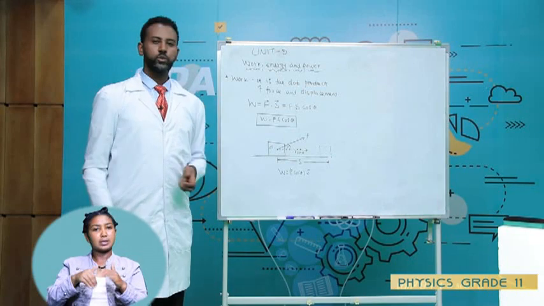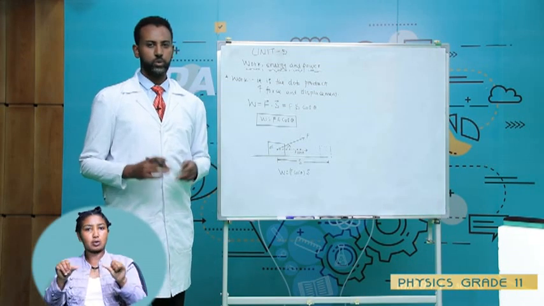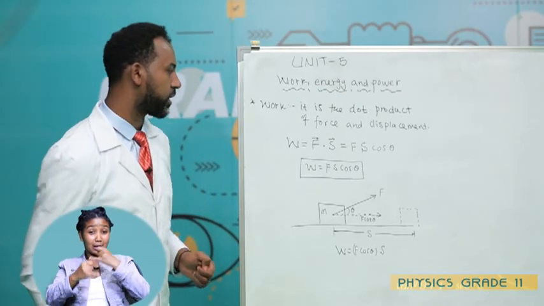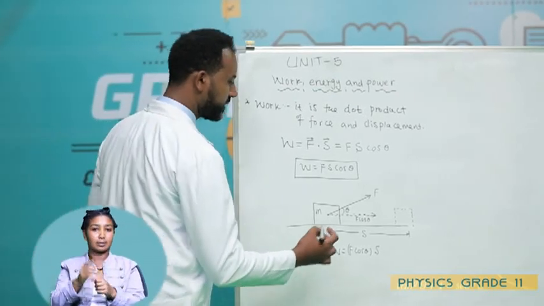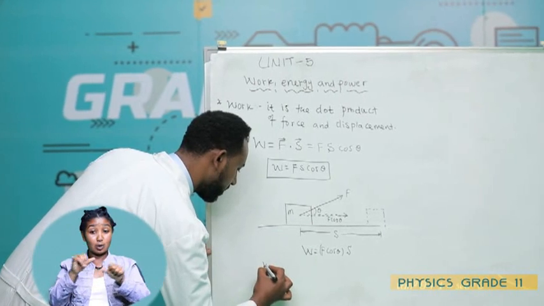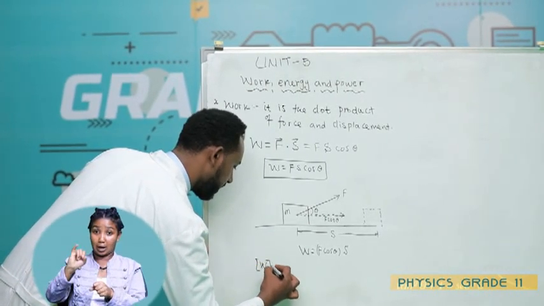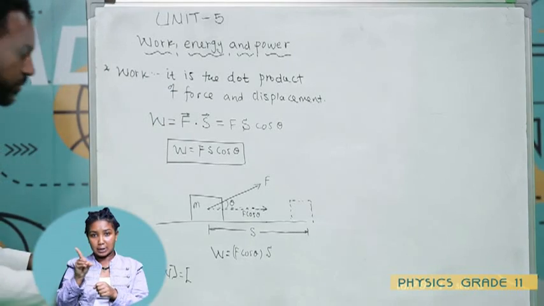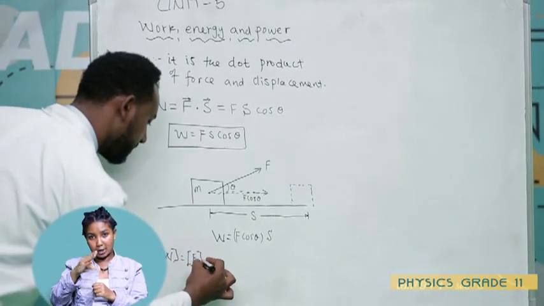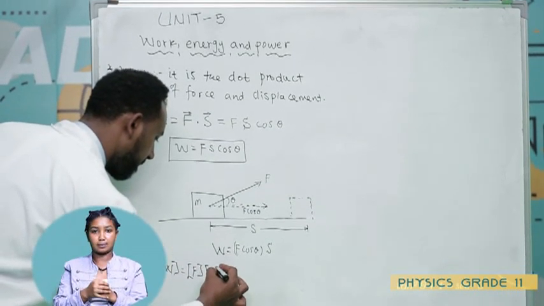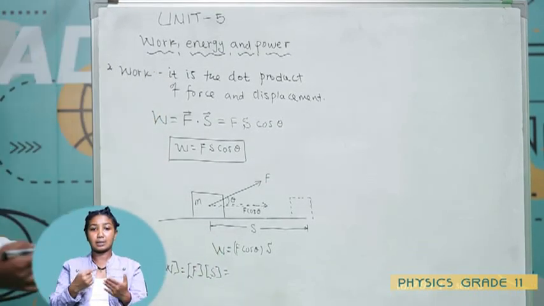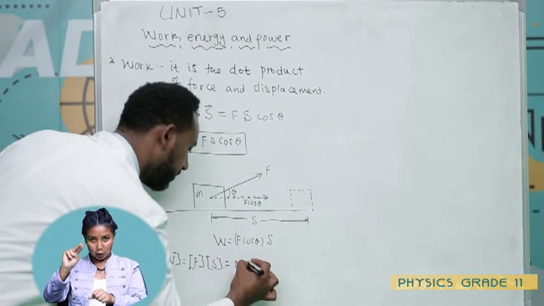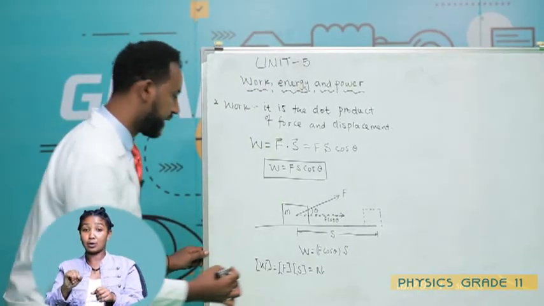Then what is the SI unit of work? What is the systematic international unit of work? The SI unit of work is obtained from the dimensional analysis of force and displacement. The SI unit of force is Newton. The SI unit of displacement is meter.